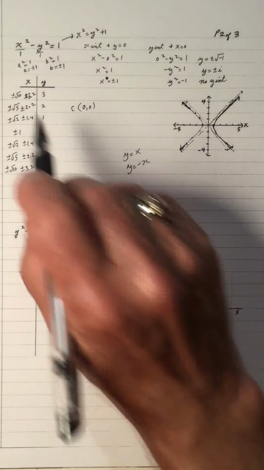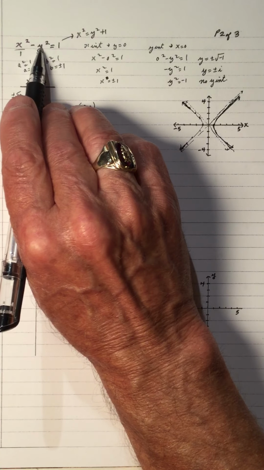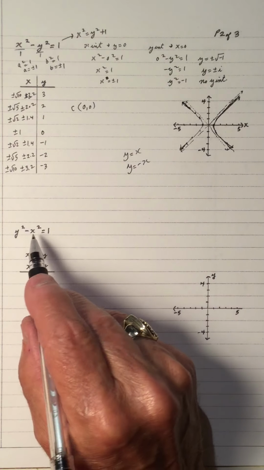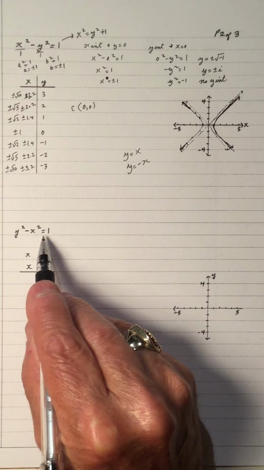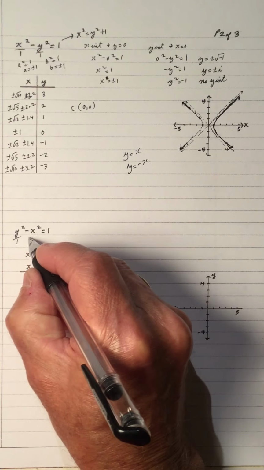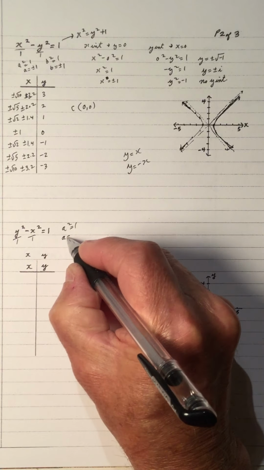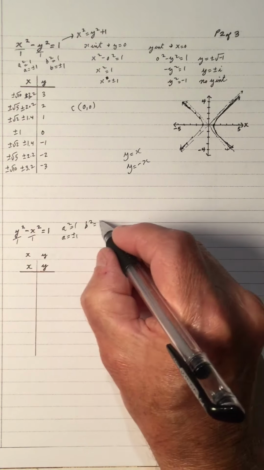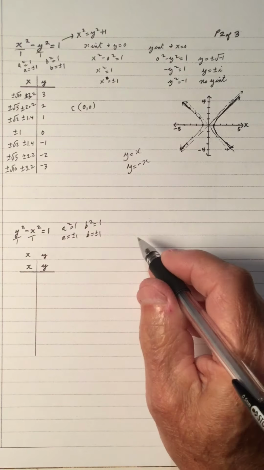So notice x squared minus y squared equals 1 has no y-intercept. It has an x-intercept. Now, what about y squared minus x squared equals 1? Again, a squared is 1, so a is plus or minus 1, and b squared is 1, so b is plus or minus 1. Same as above.